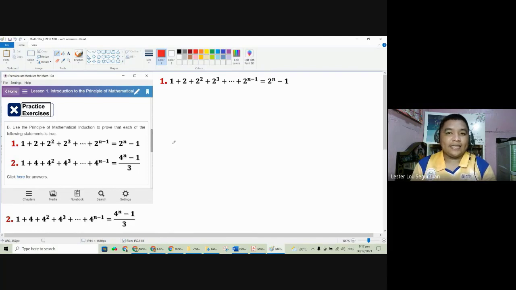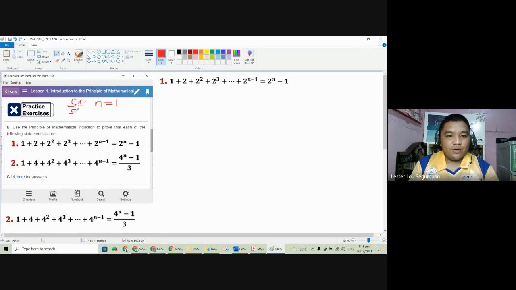But still, we have the same three steps in proving these identities under the principle of mathematical induction. Step one is still showing that the identity is true when n is equal to 1.